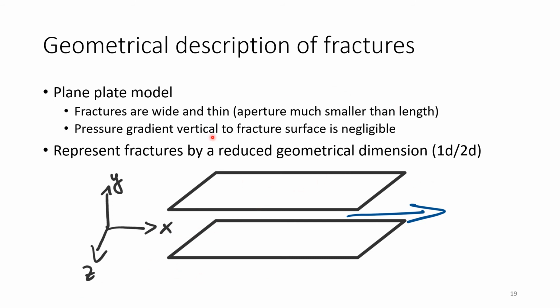This line can be oriented in any direction in your 2D plane, but it's just a line. We're not considering what is happening vertical to this line, right? Because the fracture aperture is usually much smaller than length and width, and therefore we can neglect the pressure gradient vertical to it.